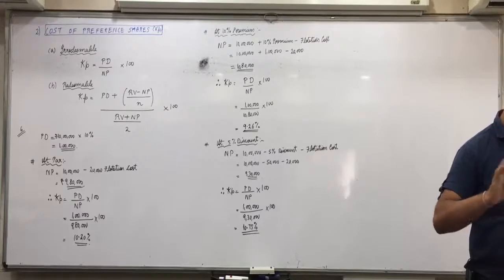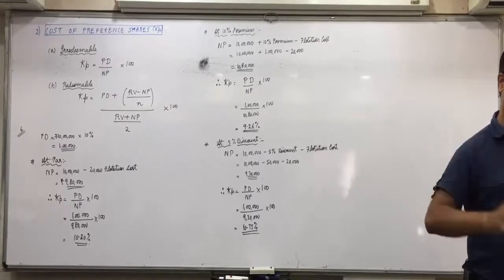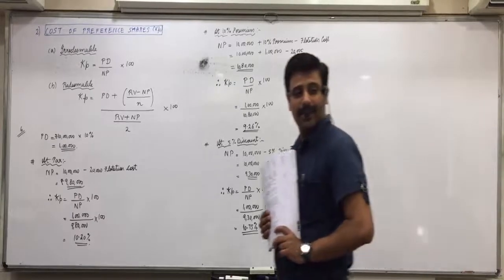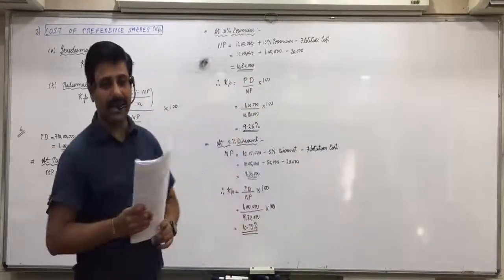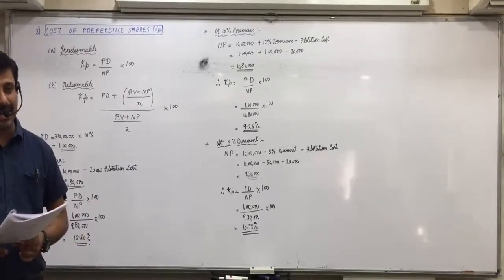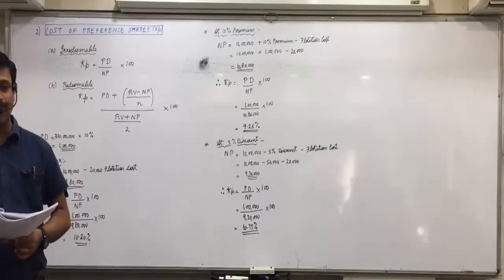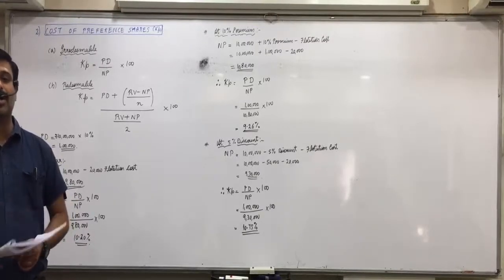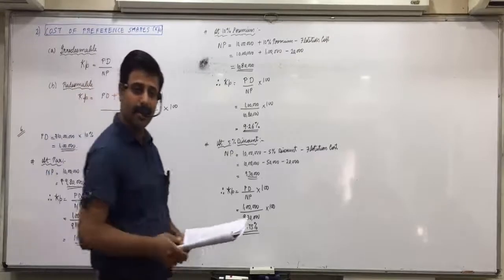See, issued at par and redeemable after 10 years at par. You understand redeemable? Redeemable means repayable. So after 10 years repayable at par means you have to repay 10 lakhs itself. So redemption value is 10 lakhs. But at the time of issue, you are incurring the cost of rupees 2 also. So the money which you will be getting is not 10 lakhs. You will be getting 9 lakh 80,000.